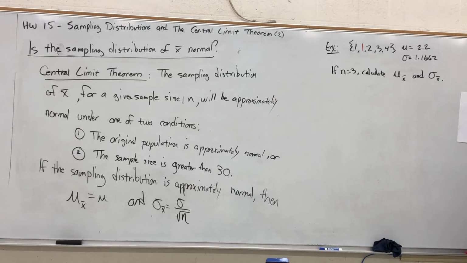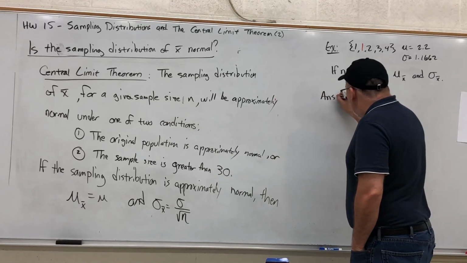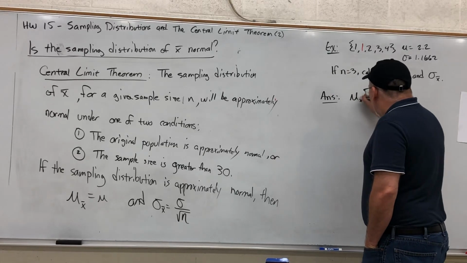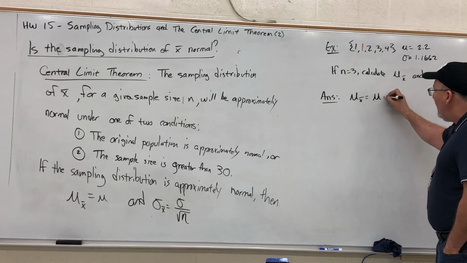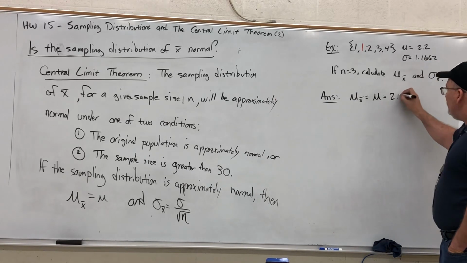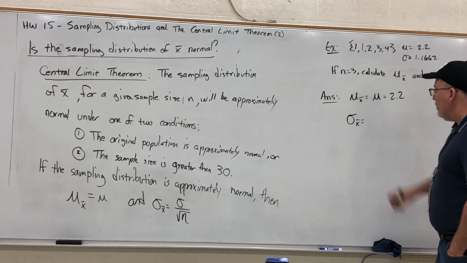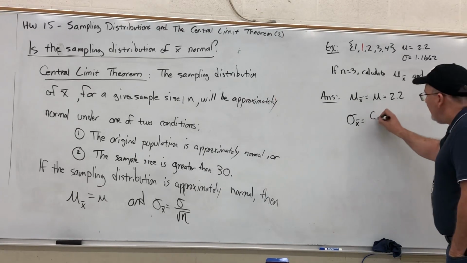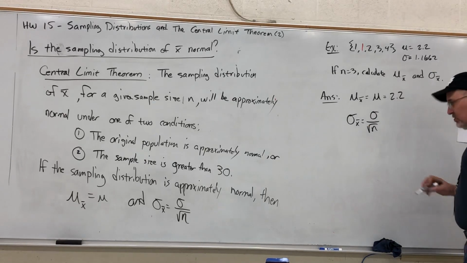You actually have a homework problem that gives you this information and asks you to calculate this. It's actually really easy. Easiest formula ever. The mean of all the x bars is equal to the mean of the population, which was 2.2. But the standard deviation of all the x bars is the standard deviation of the population divided by the square root of the sample size.